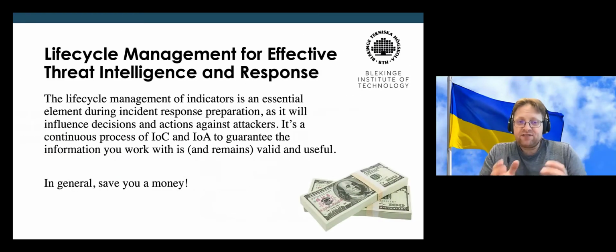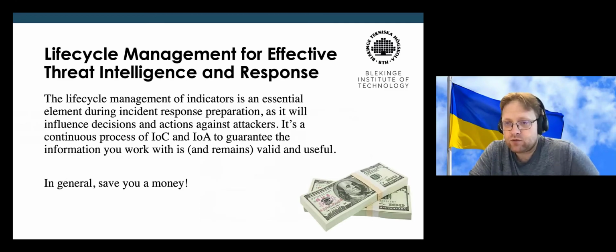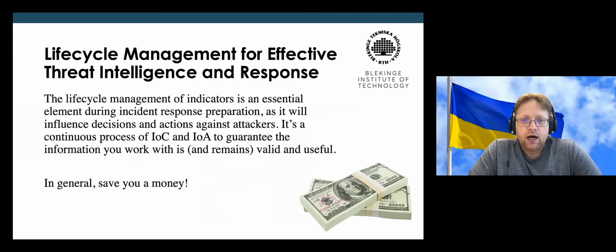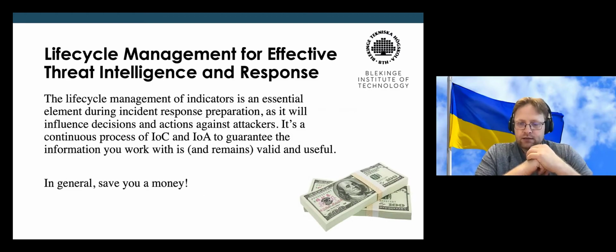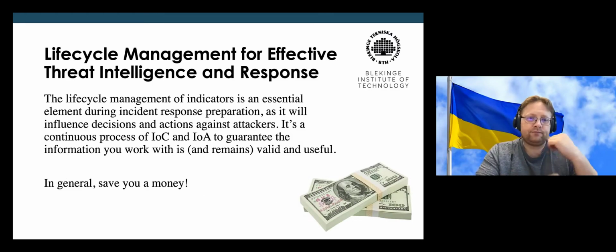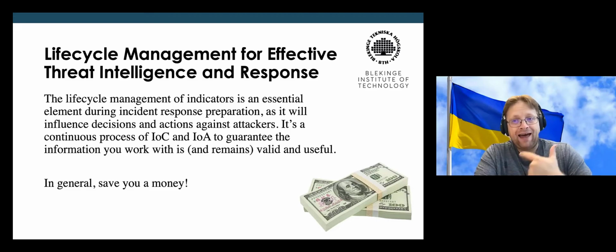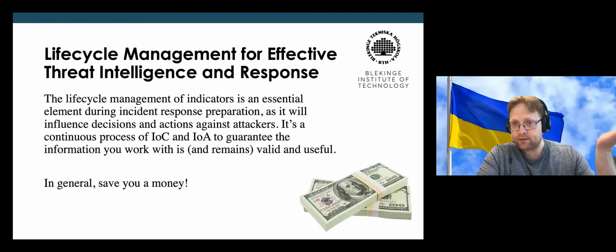Take a look. Lifecycle management is really efficient for effective threat intelligence. I'm talking about the lifecycle management of IOC, of course. It should be a continuous process, and it should guarantee you that IOC and IOA are valid and useful. And in general, it will save you money.